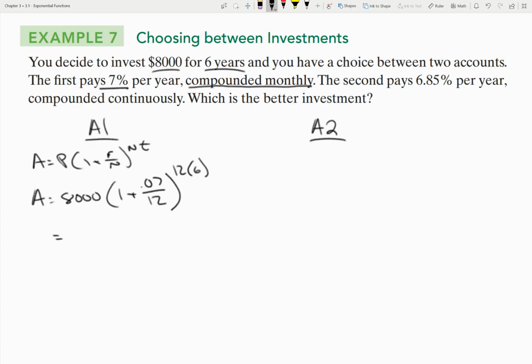Parentheses first, so we're going to do the inside of those parentheses before I do the exponent, and then we are going to multiply the answer by 8,000.